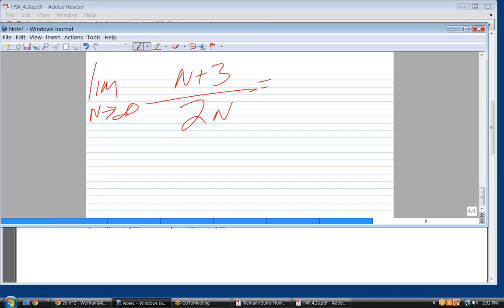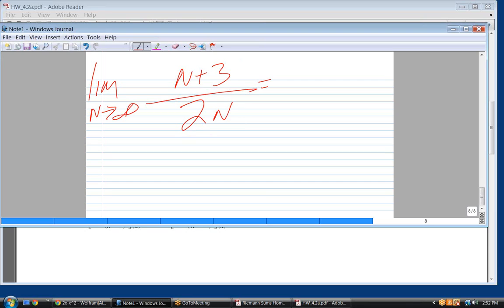Remember your limits? Well, there's a way to evaluate this limit without invoking derivatives. You're right, you could invoke L'Hopital's rule because we have infinity over infinity.